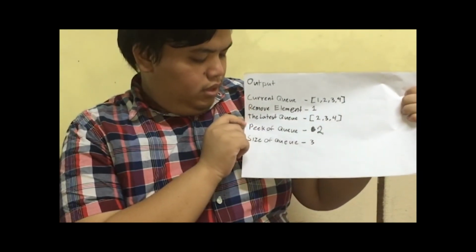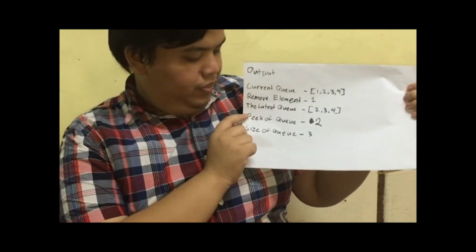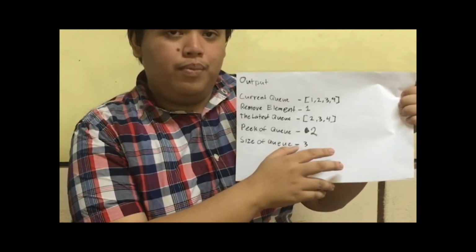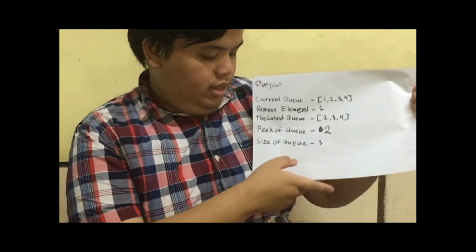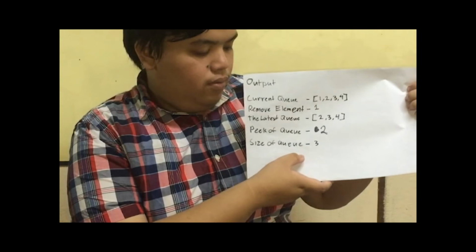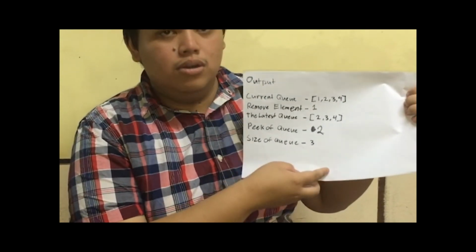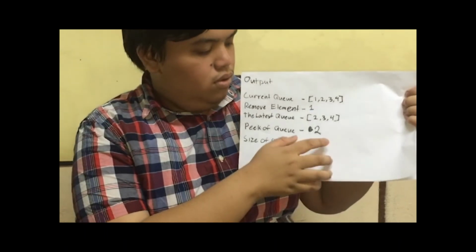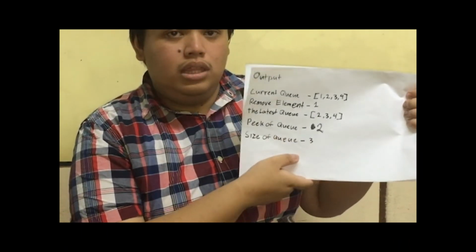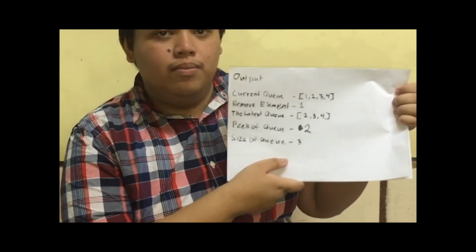And next, the peek of the queue displays 2 because 2 is the latest head of the queue. And the last, the size of the queue is 3 because we removed the 1, so there are only 3 elements inside the queue.